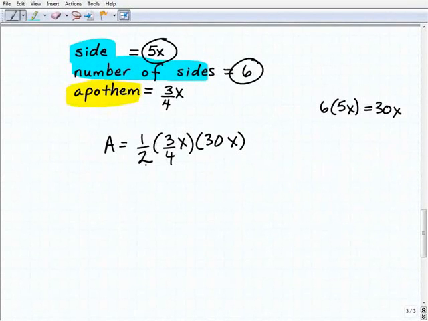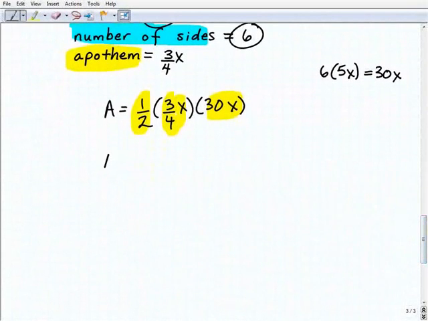All right, so we have 1/2 times 3/4 x times 30x. So once again, you have to simplify to get your final answer. Let's multiply all the numerators and all the denominators, because we can think of this as the product of 3 fractions.